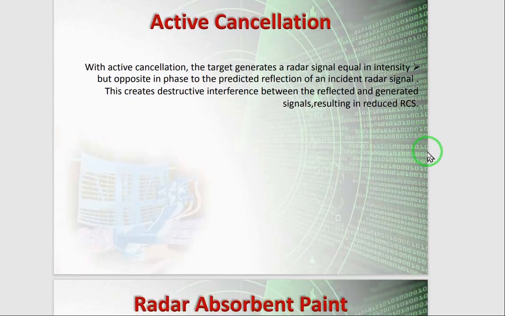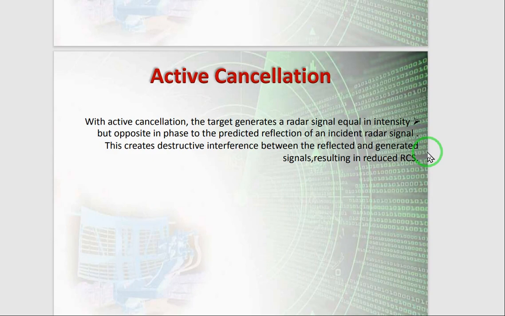The third factor is the active cancellation. In active cancellation, the target generates a radar signal of equal intensity but in opposite phase.